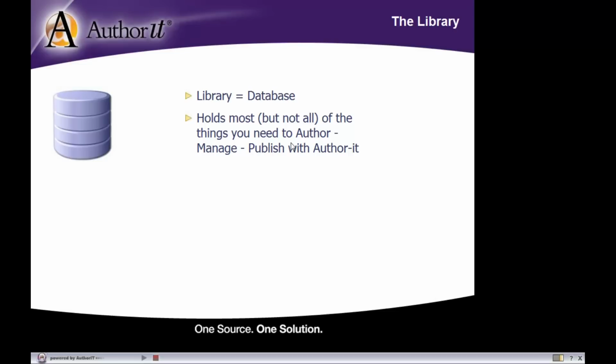Now we say that it holds most but not all of the things that you need, because there's going to be some files that will always be external from the Author-it database.